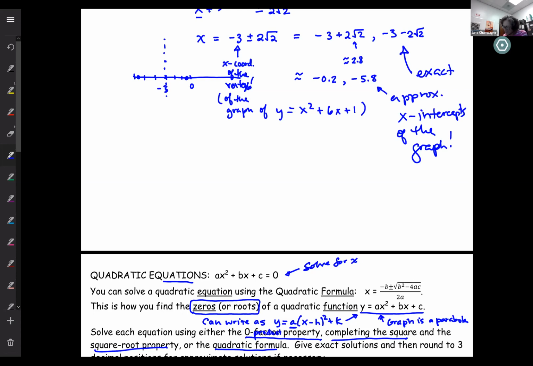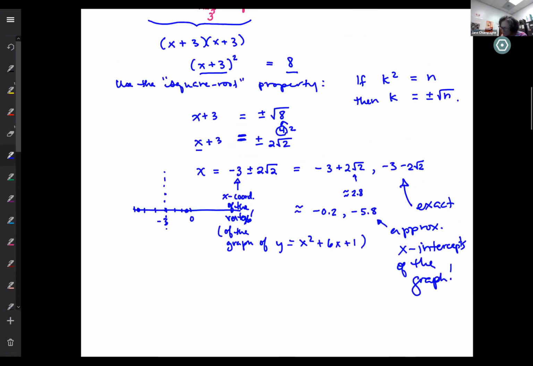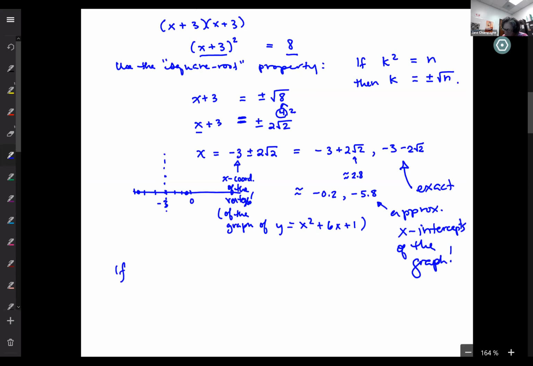And that, of course, can happen if right here, this 8 that I took the square root of was negative, then I would end up with imaginary solutions. So if the solutions are imaginary, that means that the graph doesn't have any x-intercepts. It's a parabola, remember? So it could be entirely above the x-axis or entirely below and upside down.